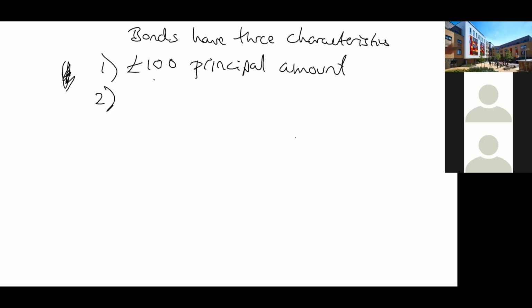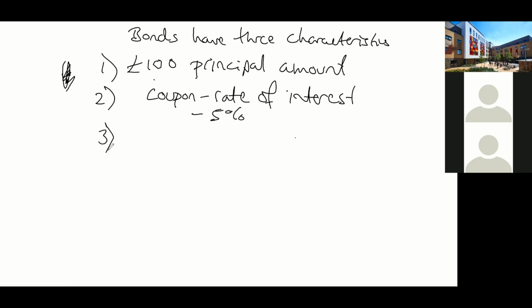Secondly, there will be the coupon or the rate of interest that the government in this instance will pay to whoever's bought the bond. Let's say that's 5%. Then thirdly, another characteristic of a bond is what is known as a maturity.